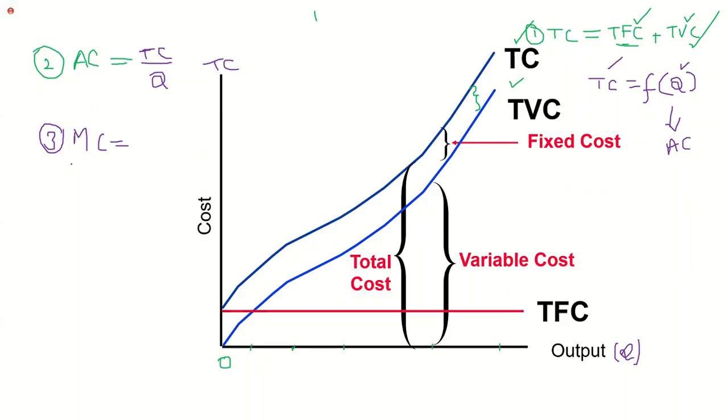Now we're familiar with this term marginal. It's the change in the total cost over the change in the quantity or the output. The additional cost incurred when you produce one extra unit of output.